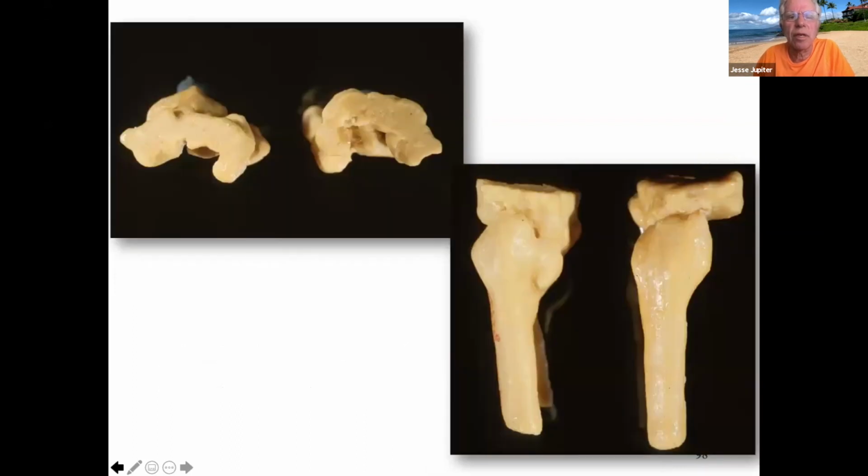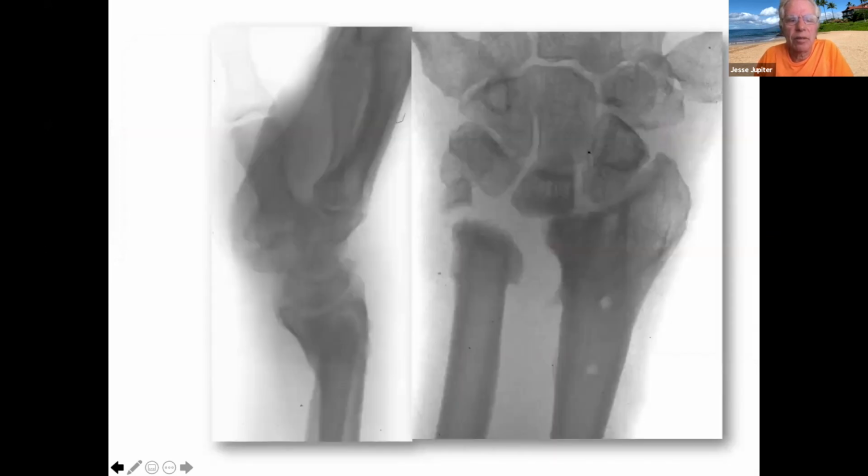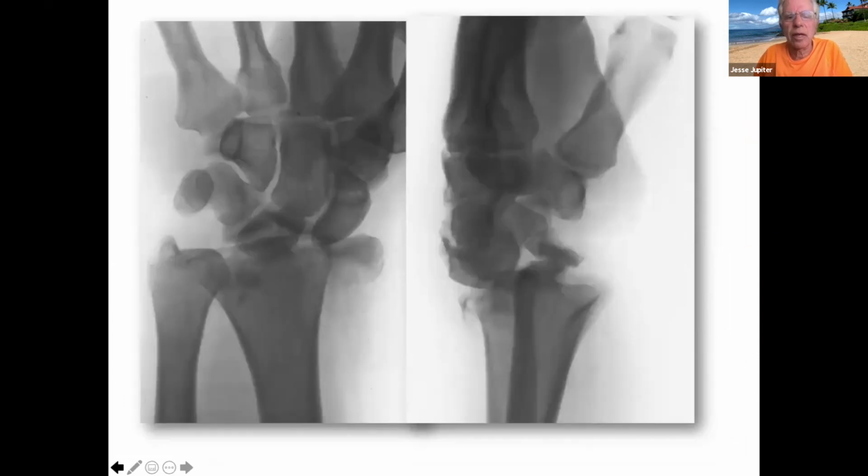You can see the rotational deformity looking end on compared to the normal side. And it turned out that by elevating up that lunate facet and then doing an extra-articular correction and taking off the head of the ulna, he had a very reasonable functional outcome.